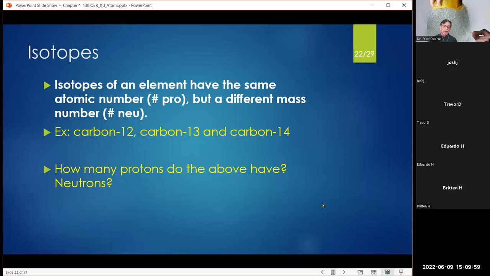All right. Now, I talked about isotopes, and here they're talking about carbon-12, 13, and 14, okay? And basically isotopes of an element. Now, hydrogen has three: hydrogen-1, hydrogen-2, and hydrogen-3. It's really interesting that if you make ice using hydrogen-1, normal H2O, that ice floats, because it tends to expand when you freeze it.